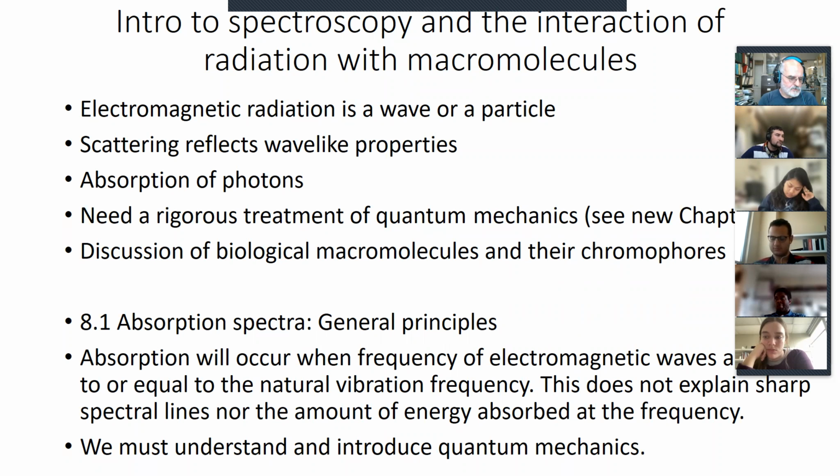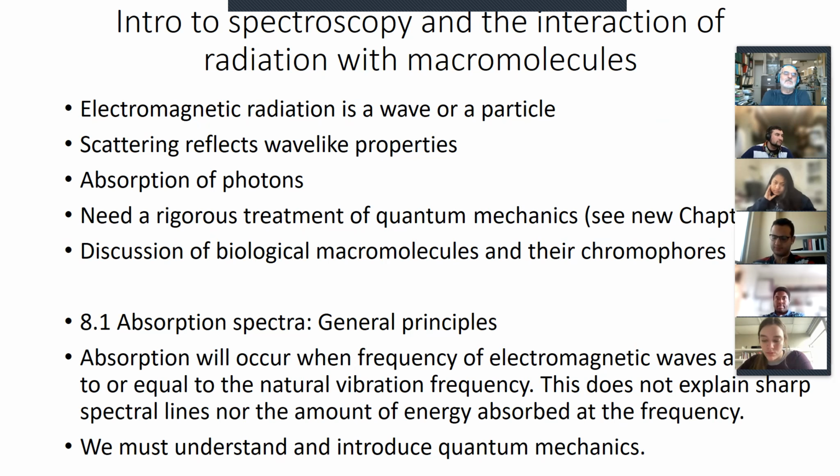Okay, so chapter 8 begins with an introduction to electromagnetic radiation. And this is an introduction to a fundamental physics concept that light can be a wave or it can be thought of as a particle. Okay, and when it's a wave, it is basically being scattered.